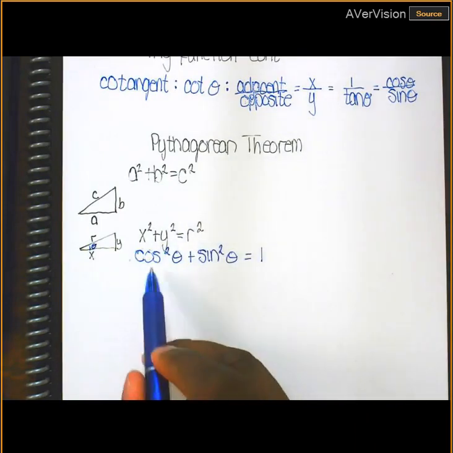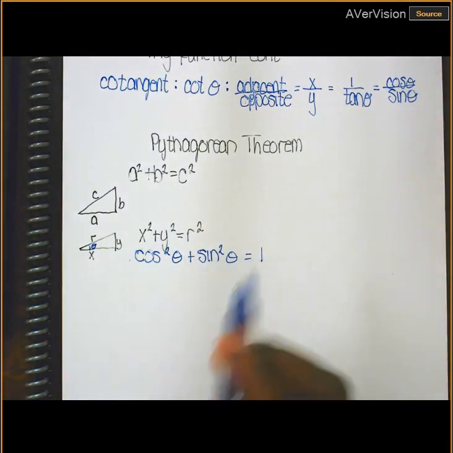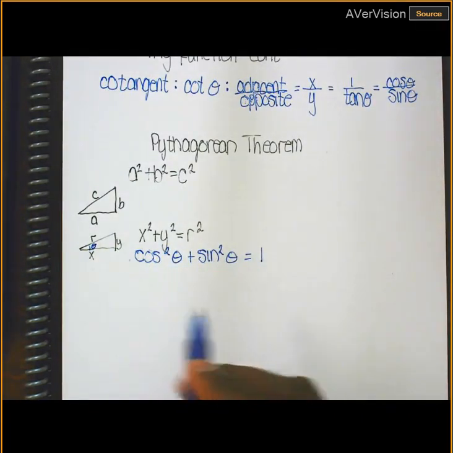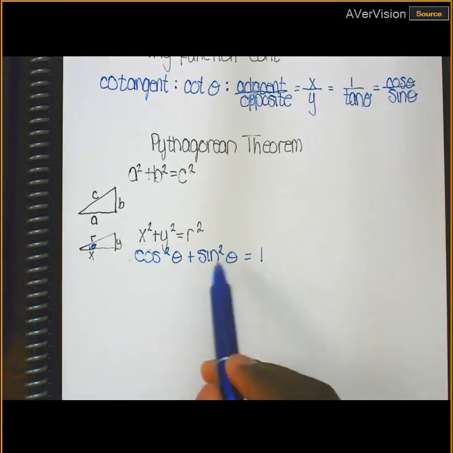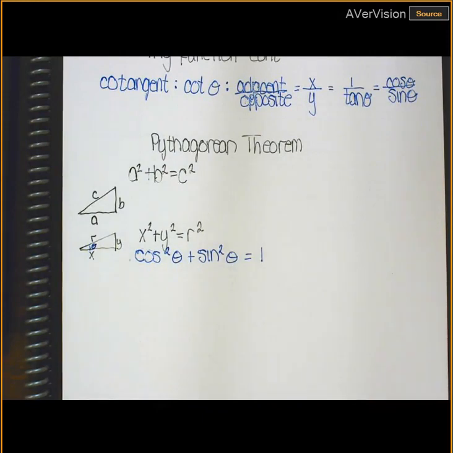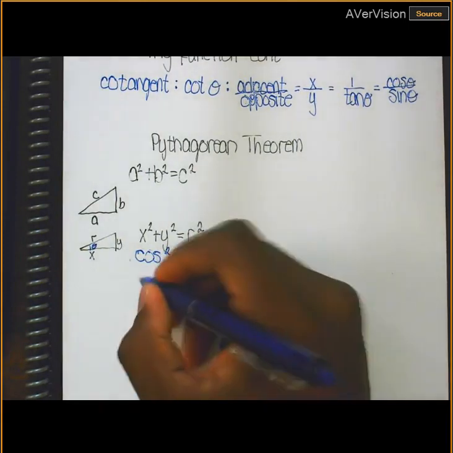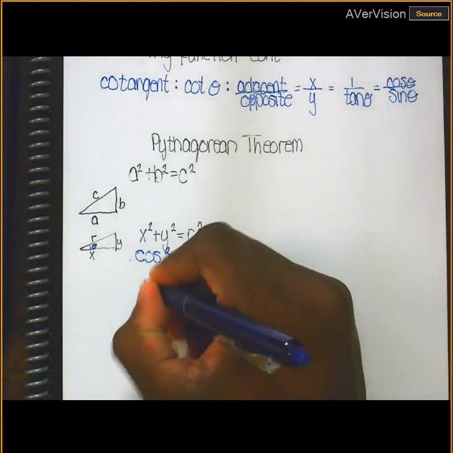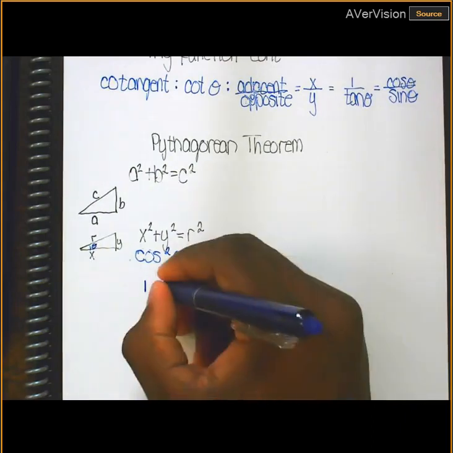To do that, we have to divide each term first by cosine. That gives you one other identity. And to find the second one, we have to divide everything by sine. So if we divide everything by cosine, this becomes 1. What is sine squared divided by cosine?